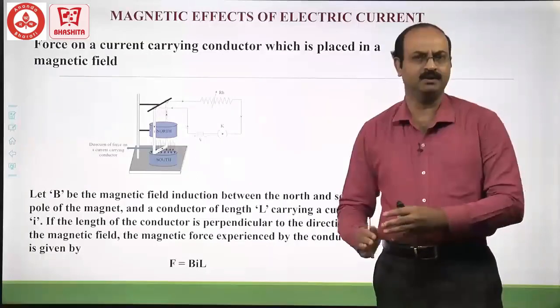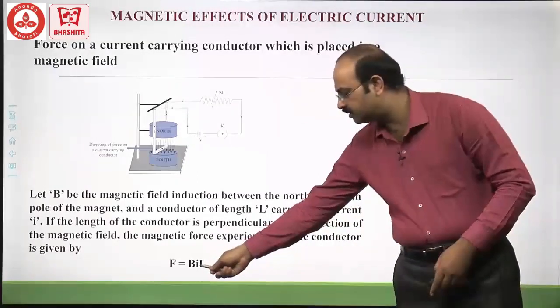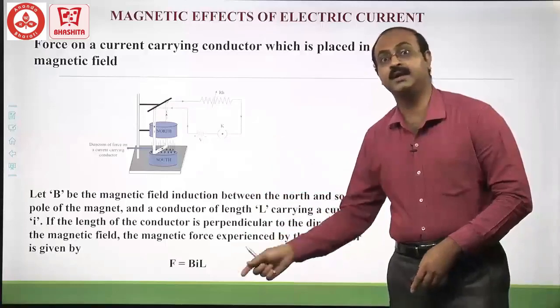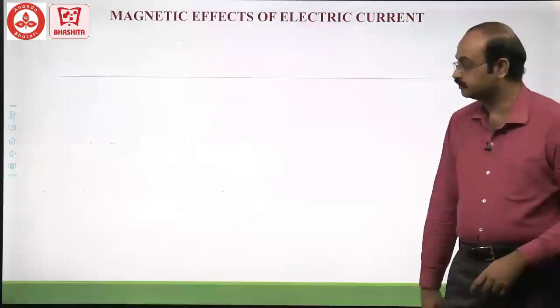Easy to remember, BIL, where B is the magnetic field induction, I is the current in the conductor, and L is the length of that conductor also.